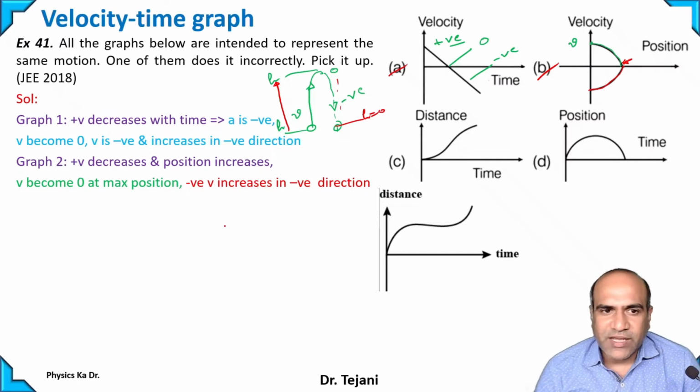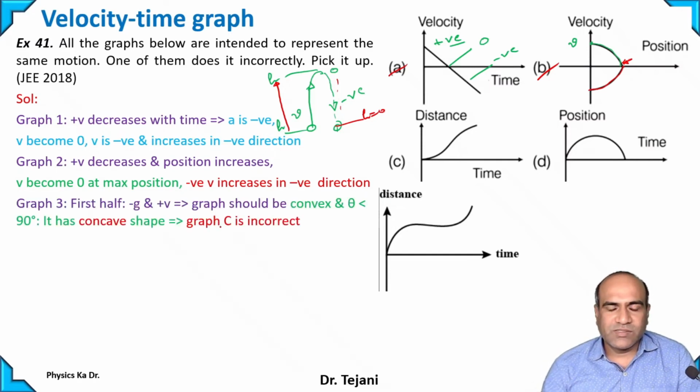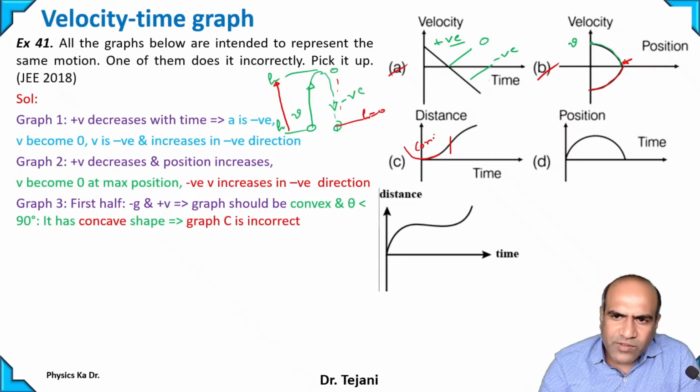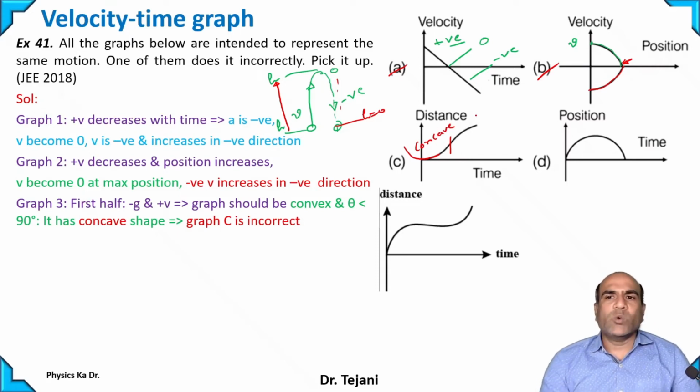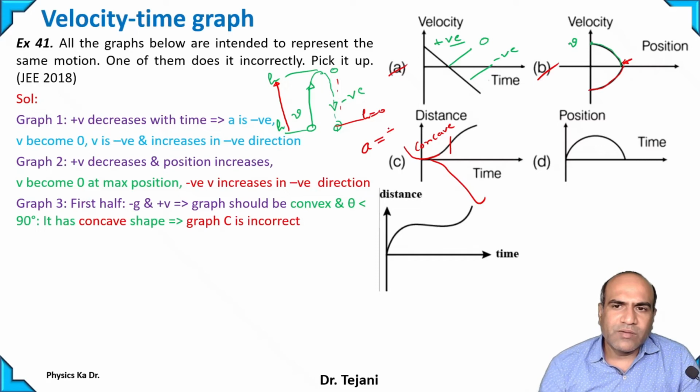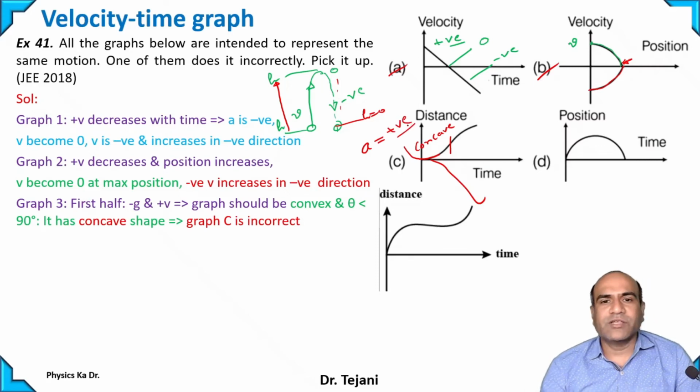Then let's check graph number C. It is having dual motion, we can see here, half shape like that. It is not convex, it is concave. That means if there is a concave shape, acceleration should be positive.